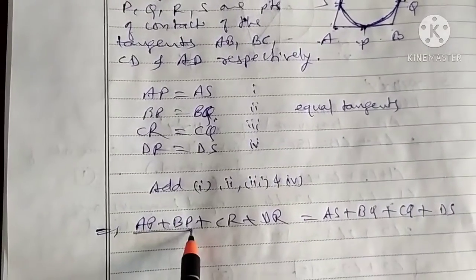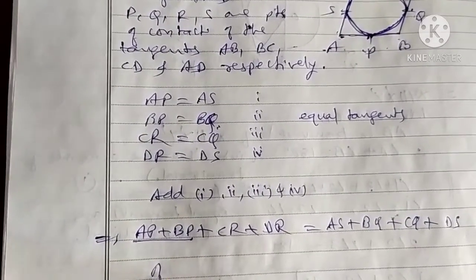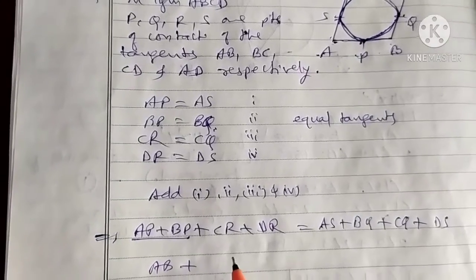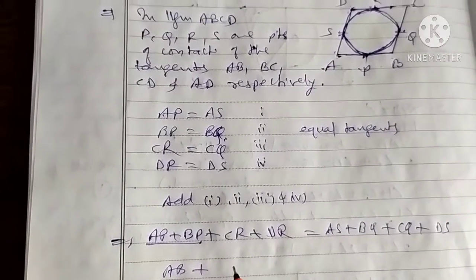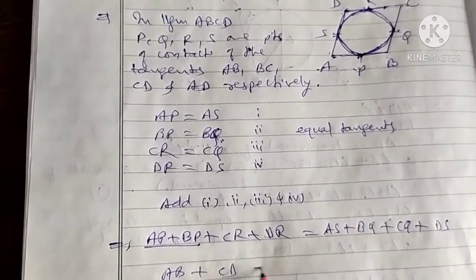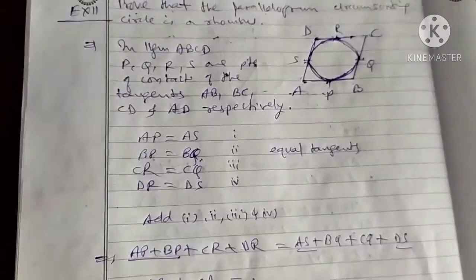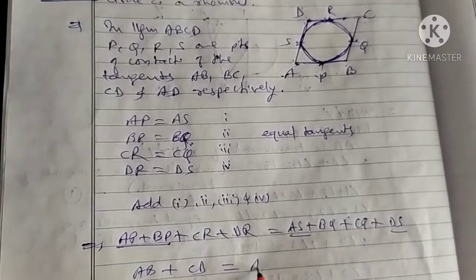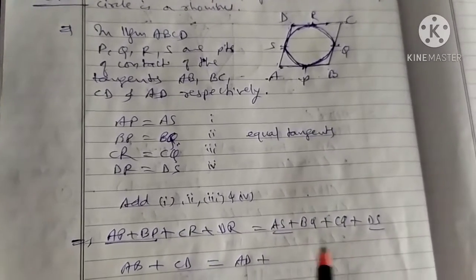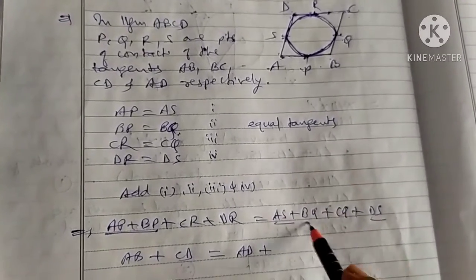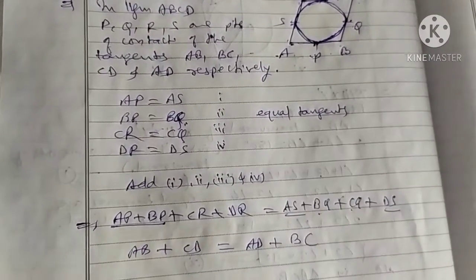Now AP plus BP how much? AB. Plus CR plus DR how much? DC. Equal to AS plus DS, how much? AS plus DS is what? AD. Plus what is now remaining? BQ plus CQ, BC. Okay.